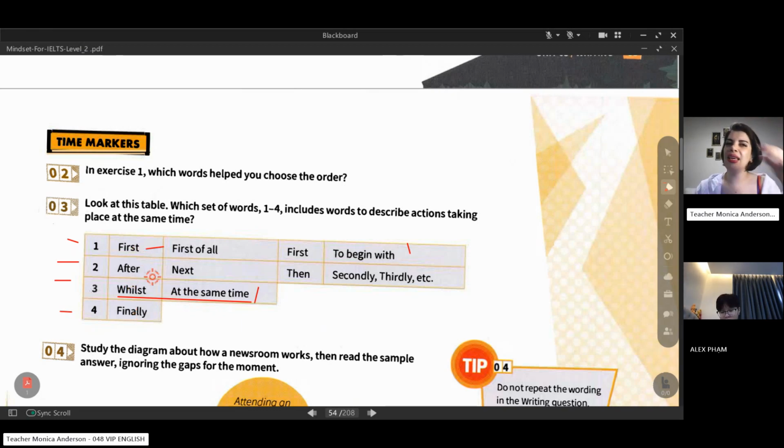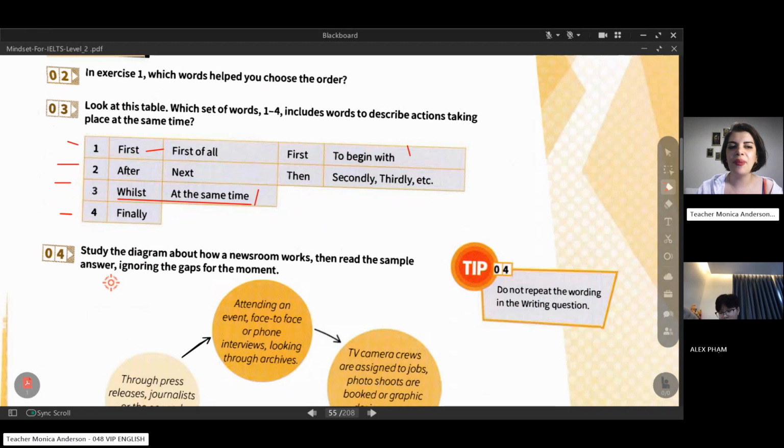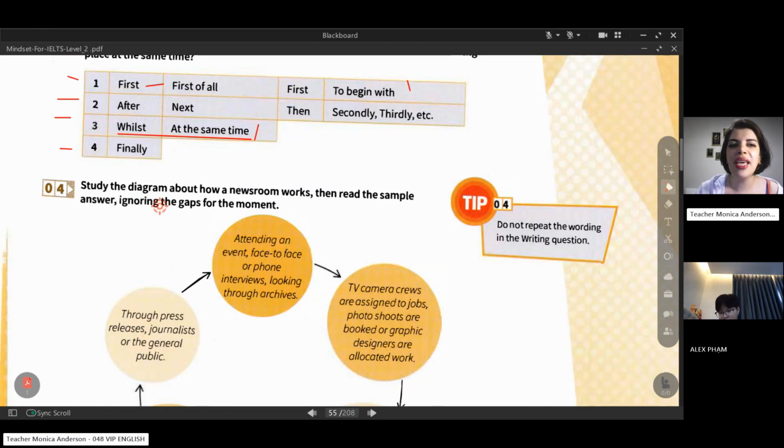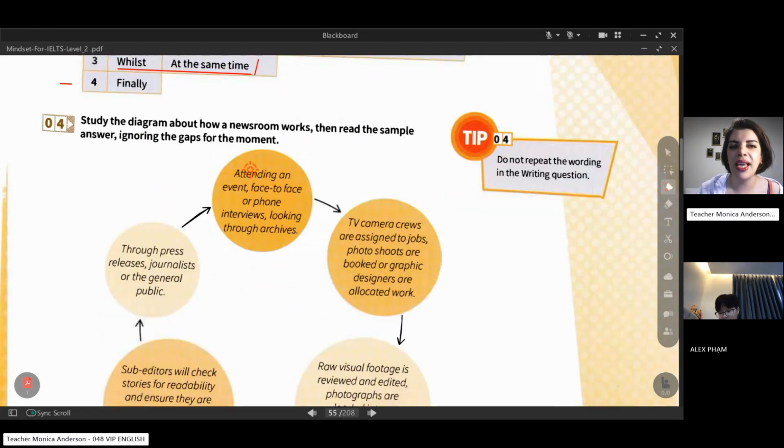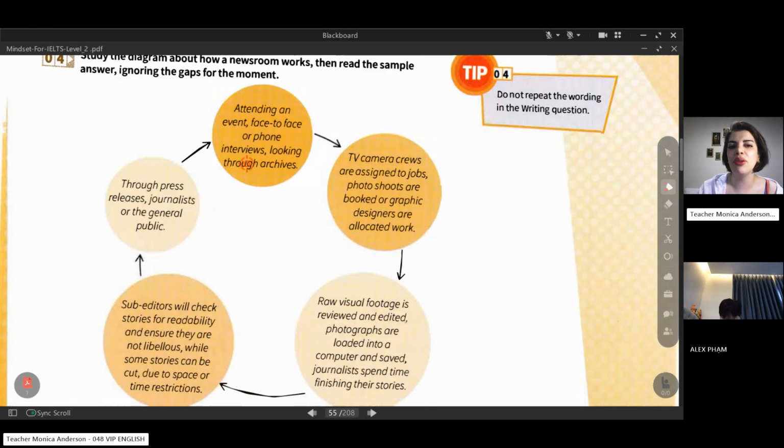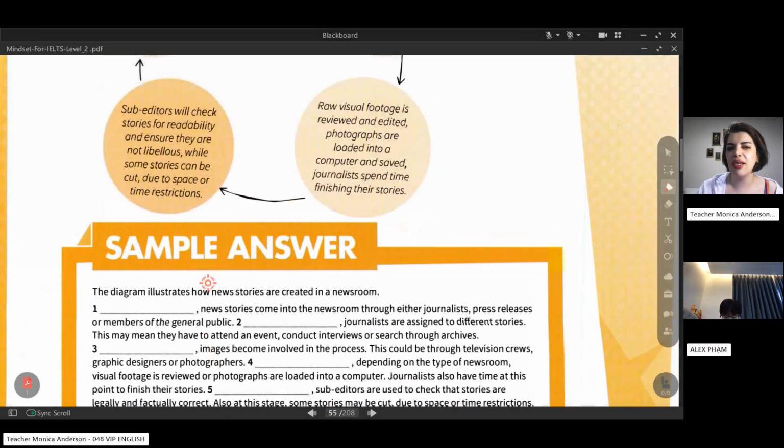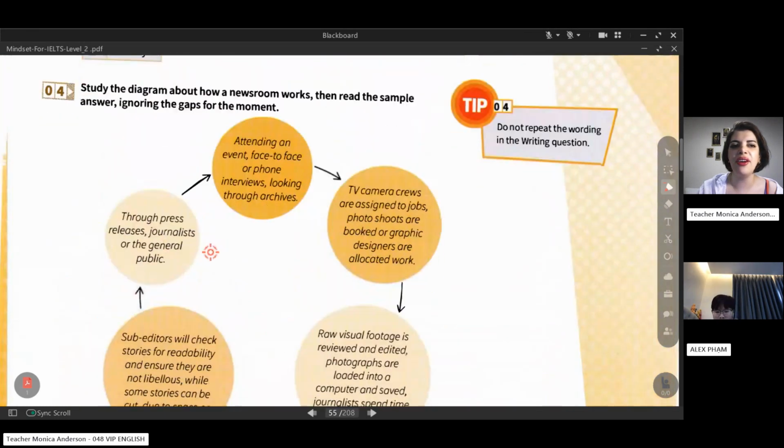The beginning, and after that to continue, at the same time, and finally. Well, here we have a diagram. Study the diagram about how a newsroom works. Then read a sample answer, ignoring the gaps for the moment. So, okay, we're going to complete this part together.